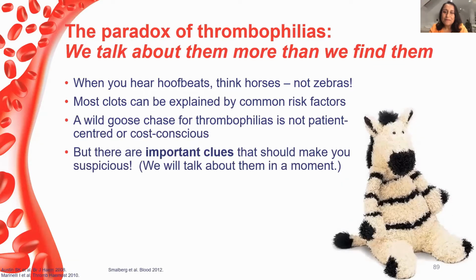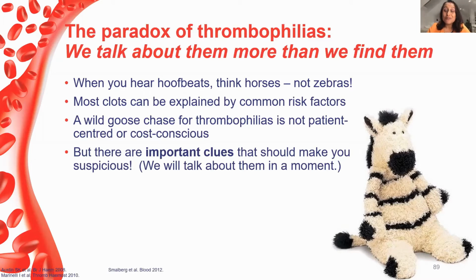Before we dive into our cases, I really want to take a step back and offer some framing and talk about thrombophilia. The real paradox of thrombophilia is that we tend to talk about them more than we actually find them. The vast majority of venous thrombosis that you're going to encounter are not due to insidious underlying thrombophilia. They can actually be explained by far more common risk factors, things like serious medical illness, surgery, immobility, or cancer.